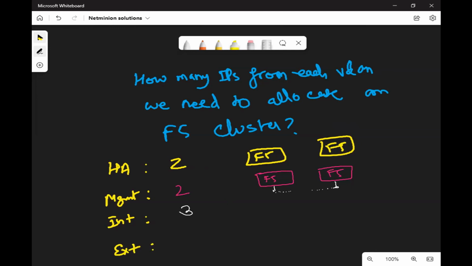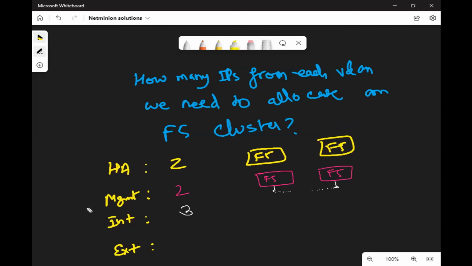External, how many IPs? Internal you have 3: 1 would be the floating, 2 would be the static.